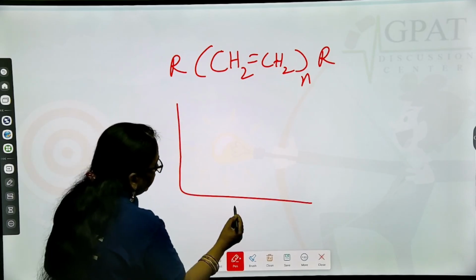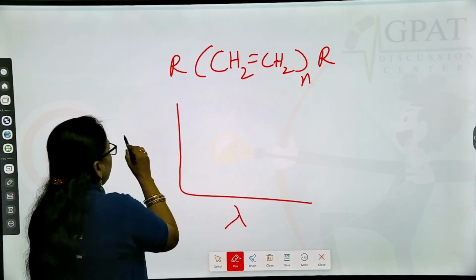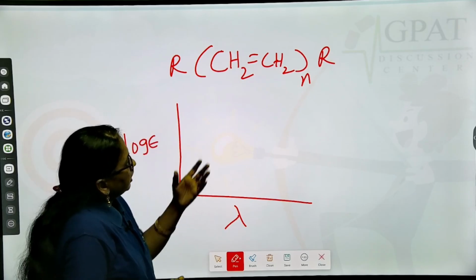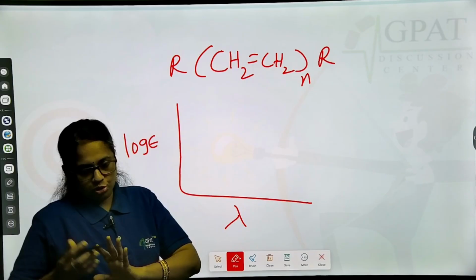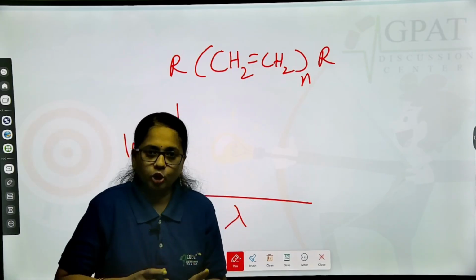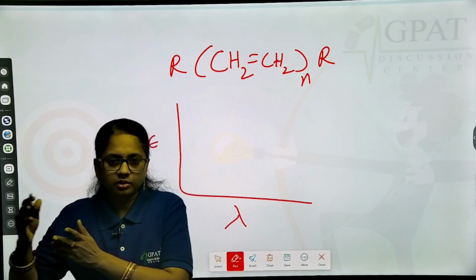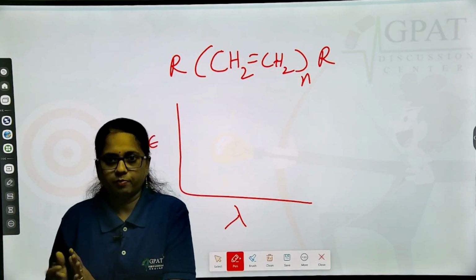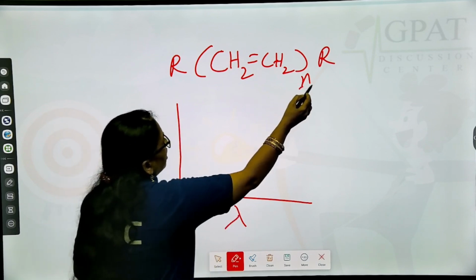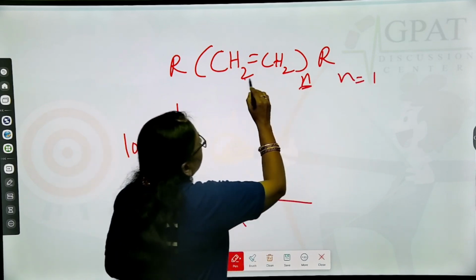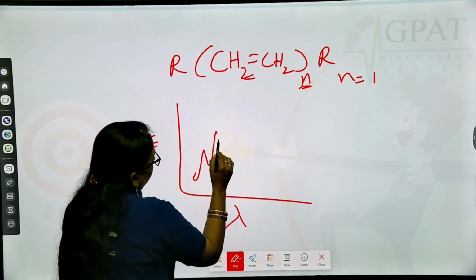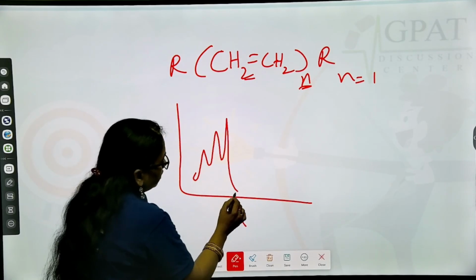In this, if you take wavelength versus log of epsilon value, then based on increasing conjugation, like benzene, naphthalene, anthracene, the rings are increased, so the conjugation is also increased. If n equal to 1, that means only one ethylenic bond is there, and let us say the spectrum is observed like this.